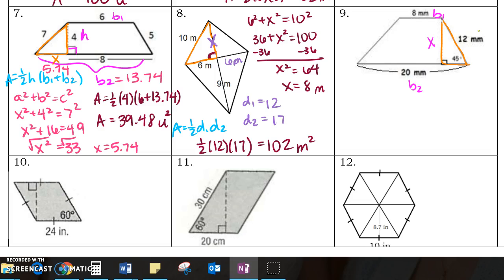Now, for this one, let's use special rights since we know 45, 45, 90 so well. So when we label L, L, L root 2, these are in the same spot, so that means they're equal to each other. So let's set 12 equal to L root 2, divide by root 2, divide by root 2, because you need to get L by itself.